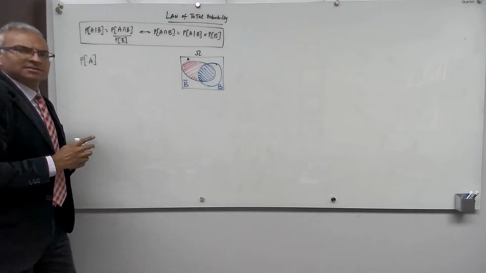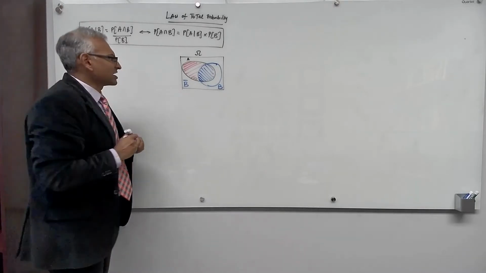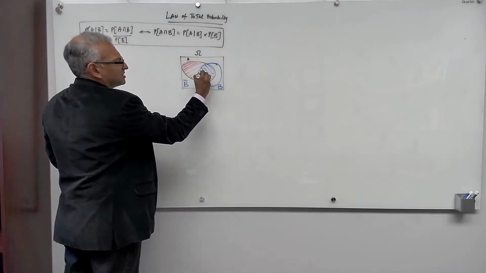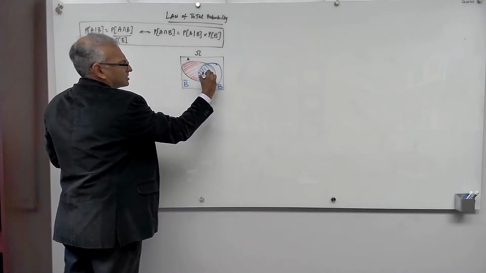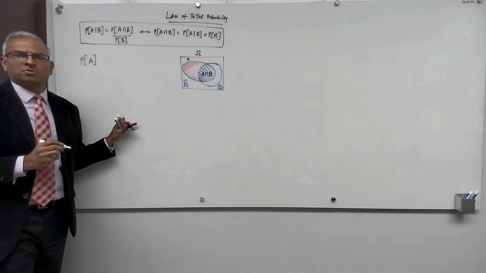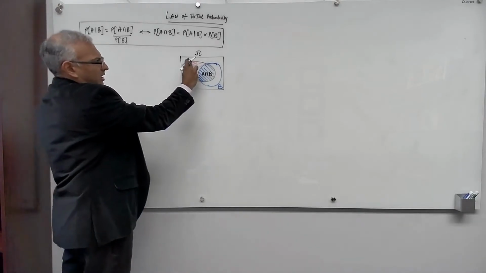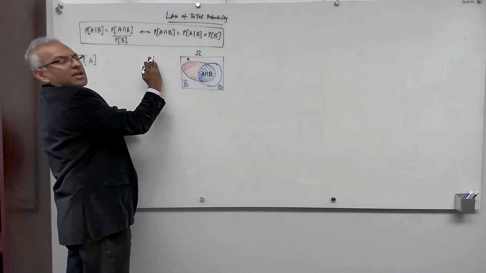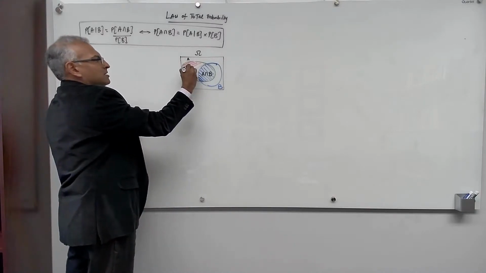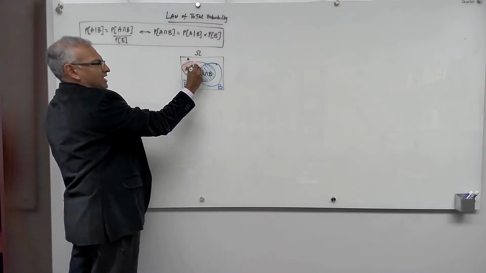Let's see if we can figure out what these two regions are. Well, this region here is easy. This is exactly A intersection B. No problem. That's the blue region. What about this region? Well, it's A intersected with what's outside B. So this is A intersection B bar.